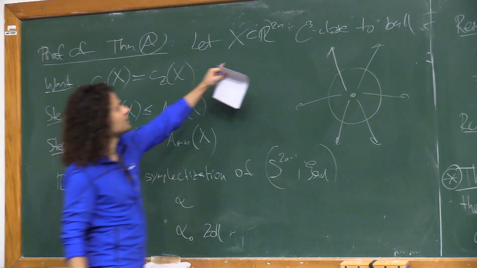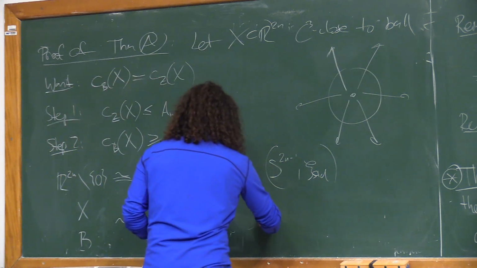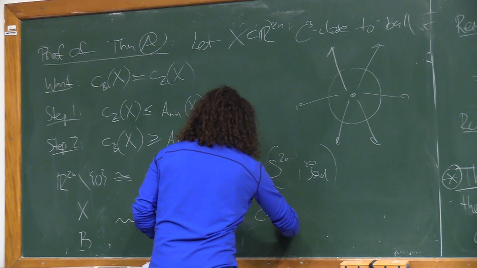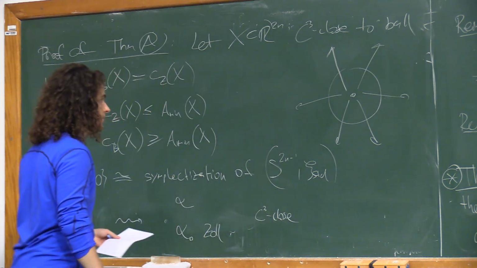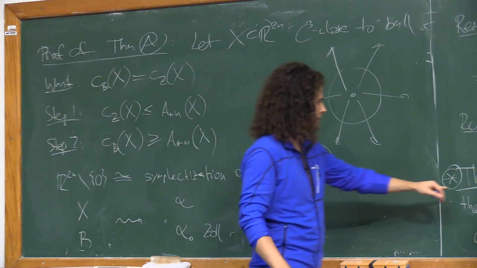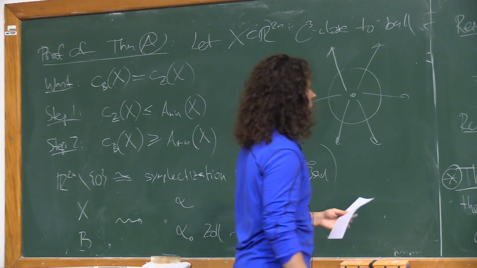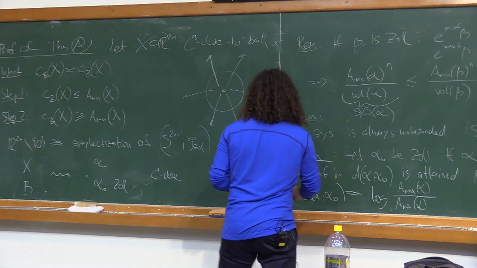And then this x is C3 close to the ball, so these two contact forms are also going to be C3 close to each other, which means that we are in a position to apply this theorem here. And I will erase everything above that.